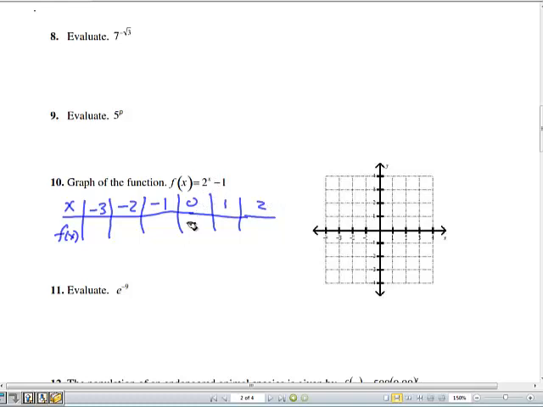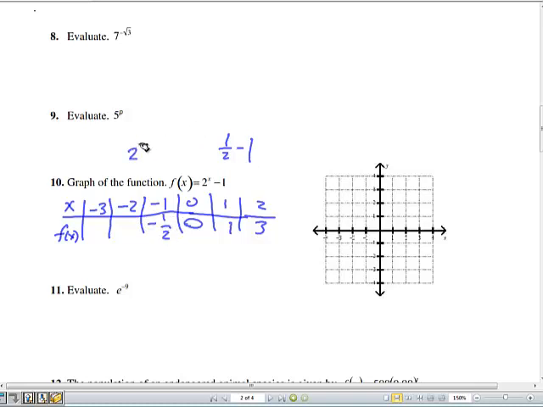2 to the 0 power, anything to the 0 power is 1, and 1 minus 1 is 0. 2 to the 1 power is 2, minus 1 is 1. 2 to the second power is 4, minus 1 is 3. Now 2 to the negative 1 is 1/2, because it's a reciprocal. This negative sign means to take the reciprocal. So we have a half minus 1, which is negative 1/2.